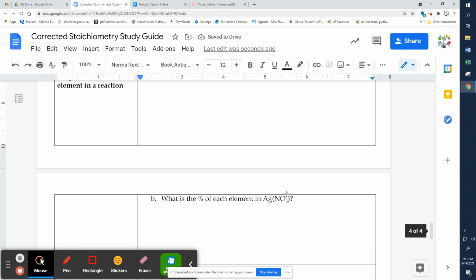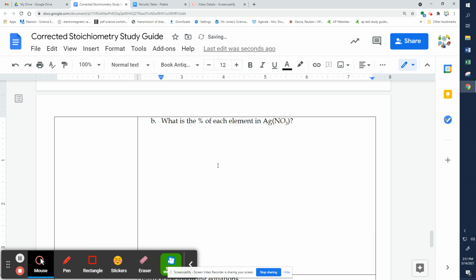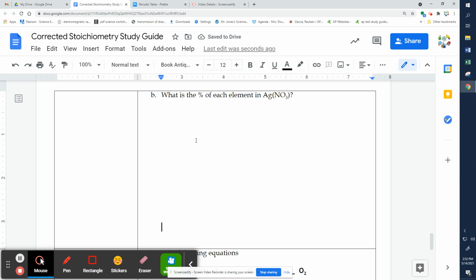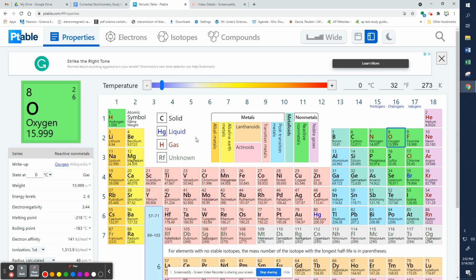For our very last part, we're going to do the percent of each element in silver nitrate. So we have 1 silver, we have 1 nitrogen, and we have 3 oxygens. Finding these from the periodic table, silver is 107.87.